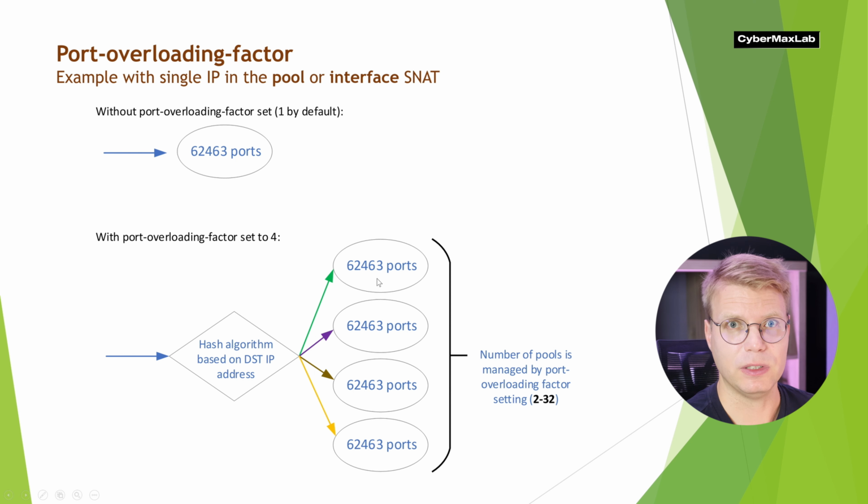And as a result, at the same time, there can be multiple sessions using the same port for translation. And every single session will always, based on the hash algorithm, hit just one of these pools, not multiple. You can also influence the number of these pools, which can be set by this factor. It can be from 2 to 32.